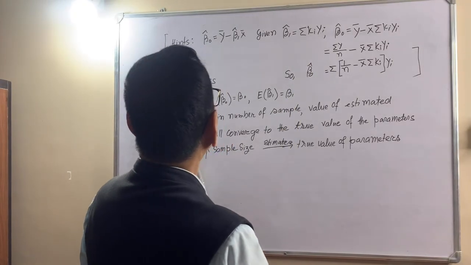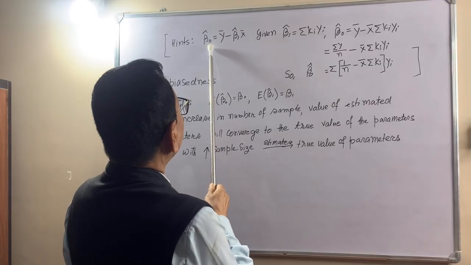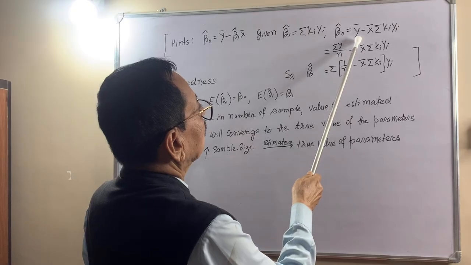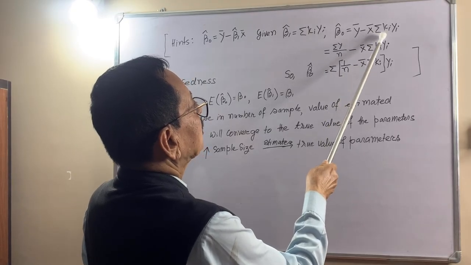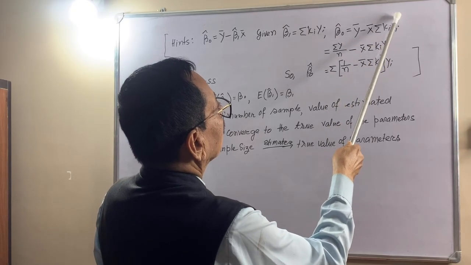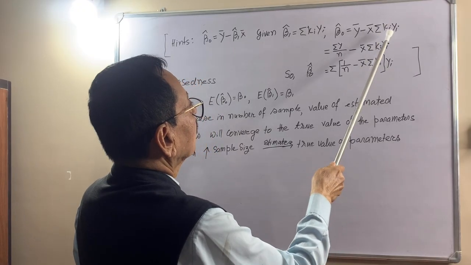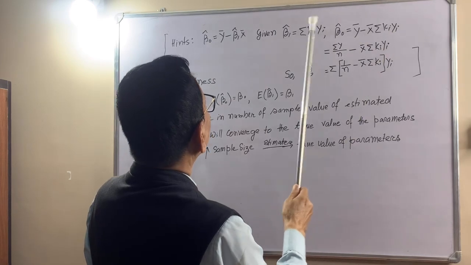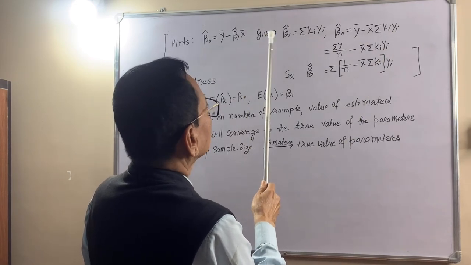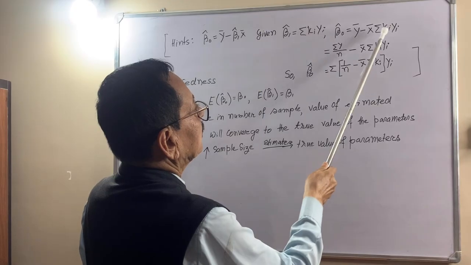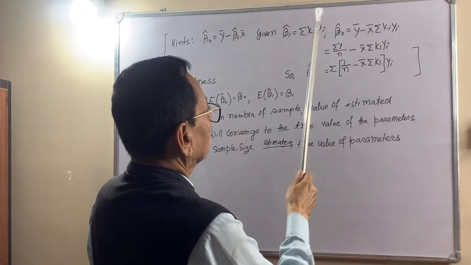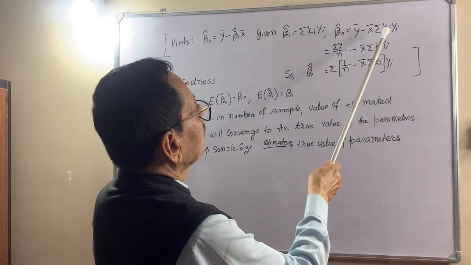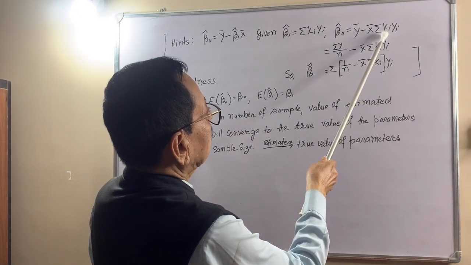Now how do we express this? Beta naught is equal to y bar minus x bar summation ki yi. That means we can put the value of beta 1 estimated here. We have got earlier the summation x by summation x square, that is ki into yi.